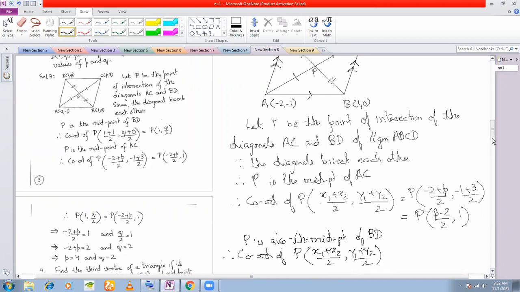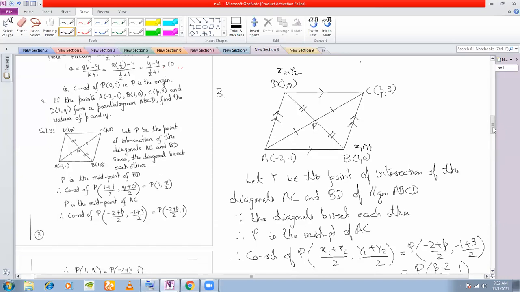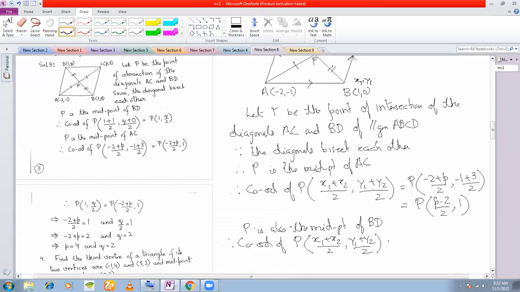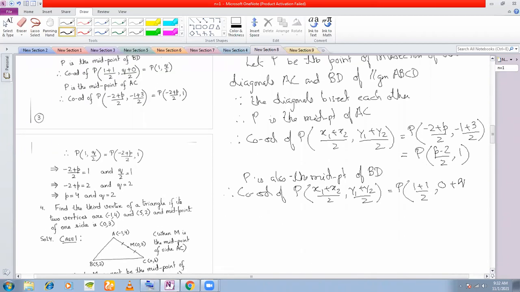But this time, let us take this as our x1, y1 and this as our x2, y2. Okay, so x1 is 1 and x2 is also 1. So (1 plus 1) by 2, and y1 is 0 and y2 here is q, (0 plus q) by 2. You are getting the coordinates of P as (1, q by 2).